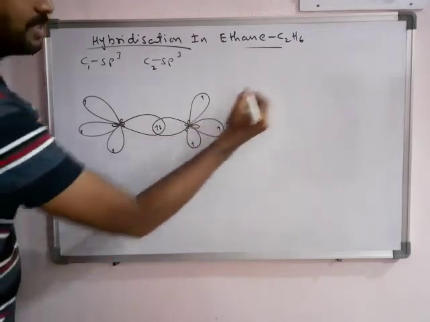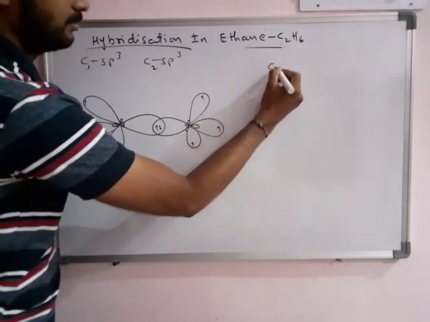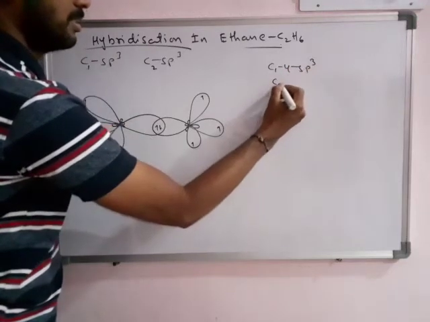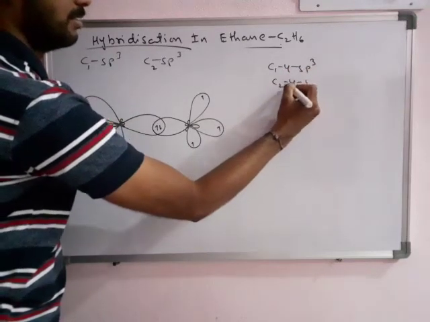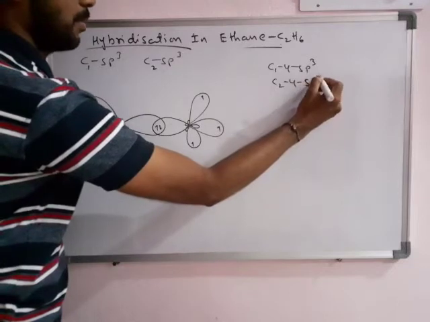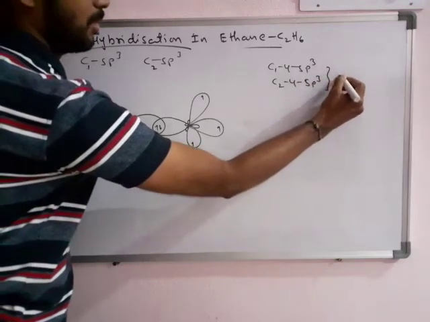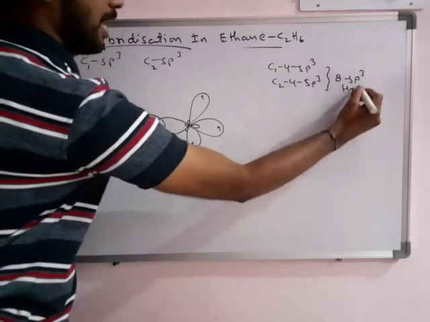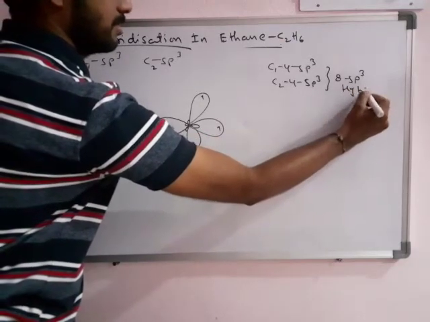The first carbon is having 4 sp3 hybrid orbitals, the second carbon also having 4 sp3 hybrid orbitals. Totally how many hybrid orbitals? 8 sp3 hybrid orbitals are present.